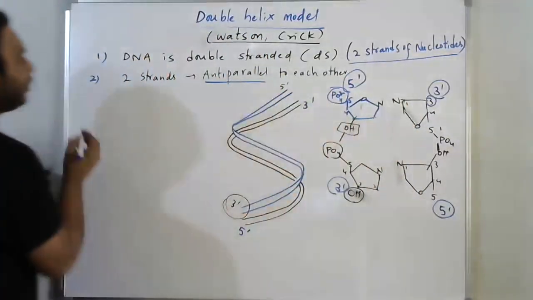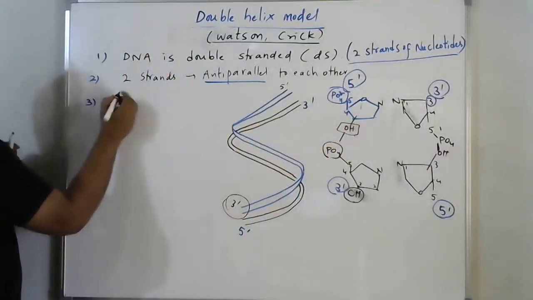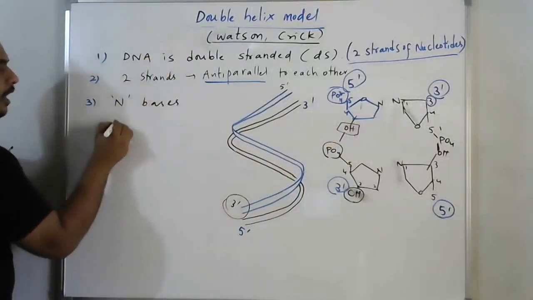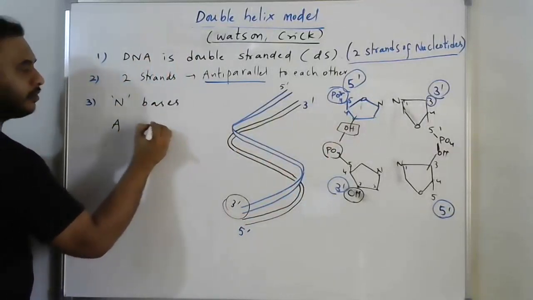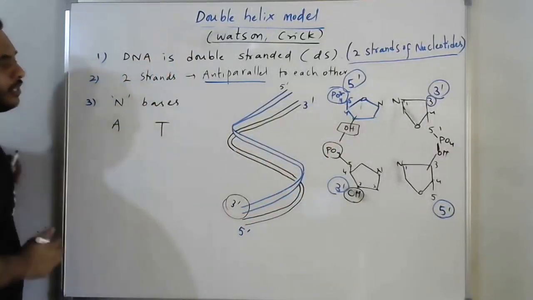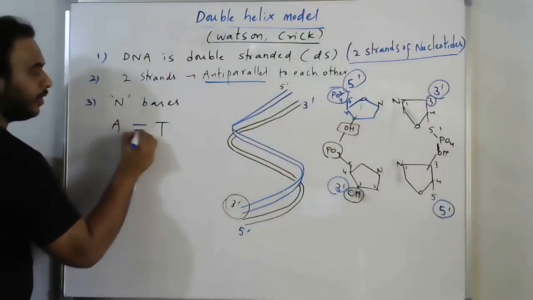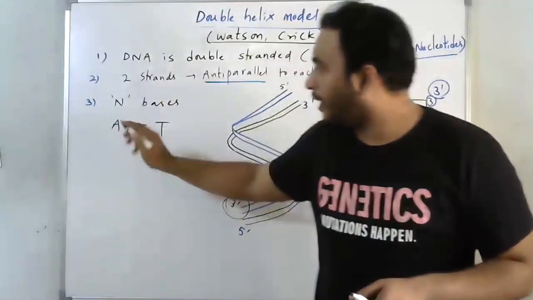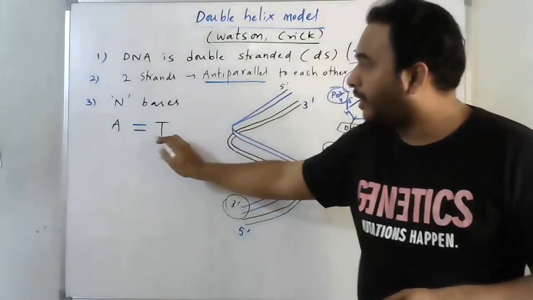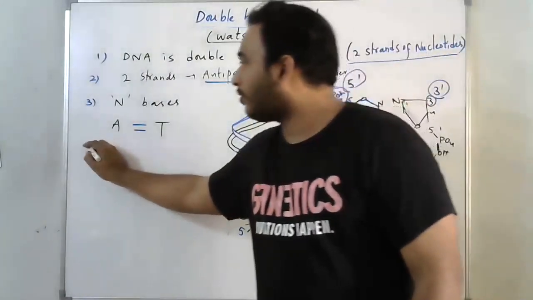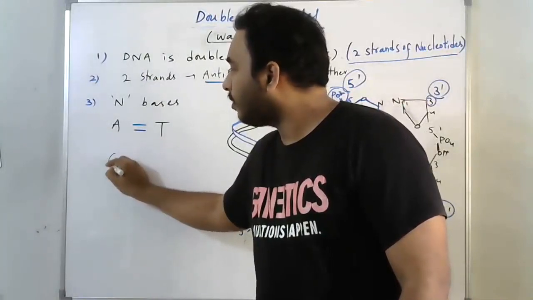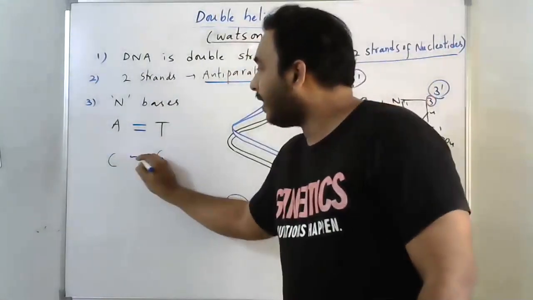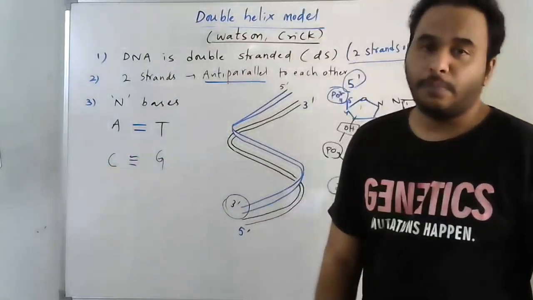So these nitrogenous bases: adenine will be attached to thymine by two hydrogen bonds, and cytosine will be attached to guanine by 3 hydrogen bonds.